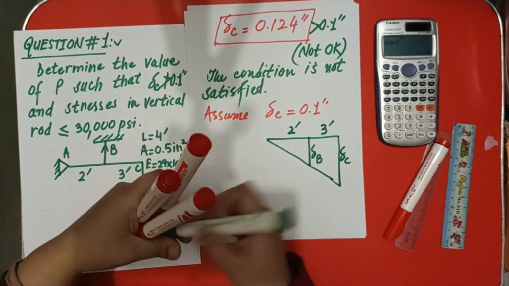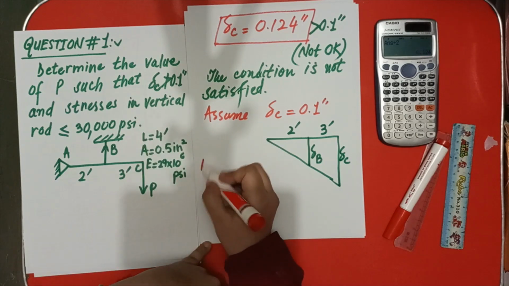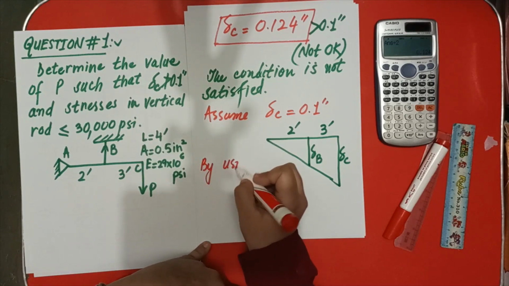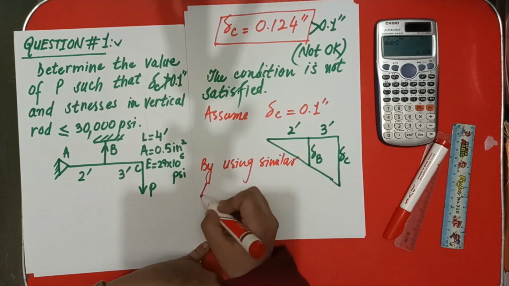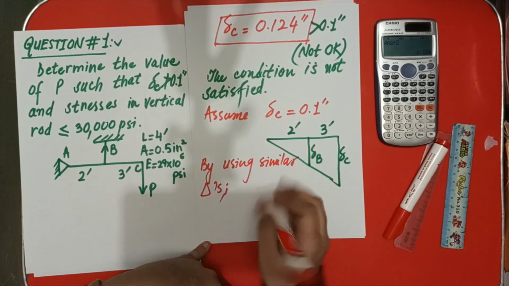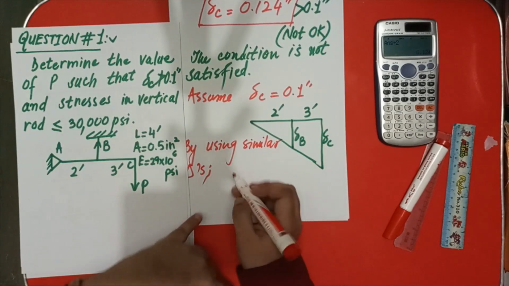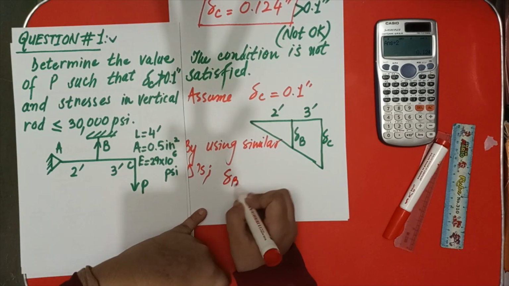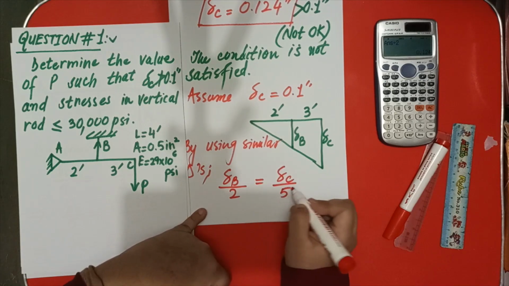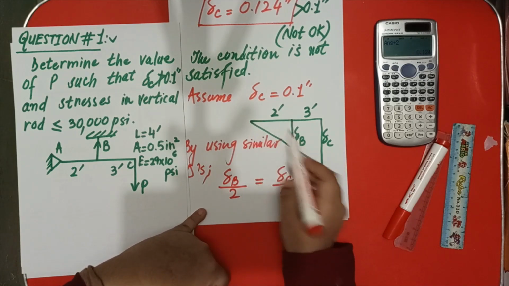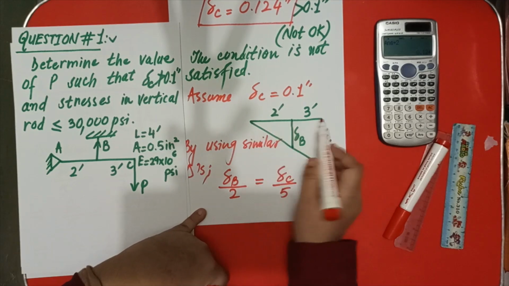So by using the similar triangles method, ΔB upon 2 feet, ΔC upon 5 feet. This is the smaller triangle, so ΔB upon 2, ΔC upon 5 feet.